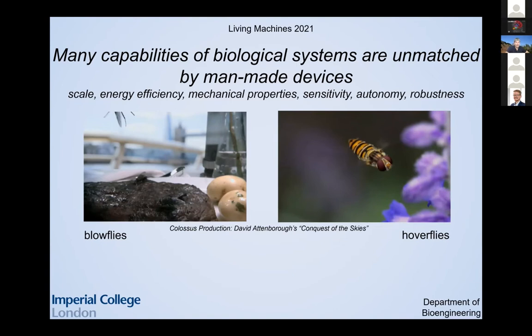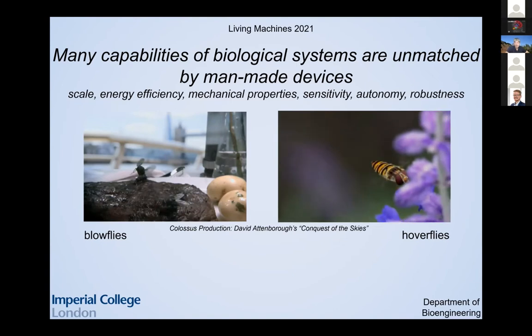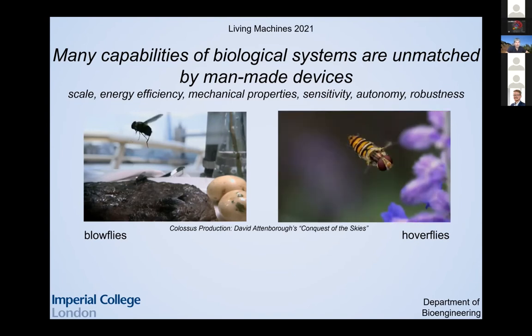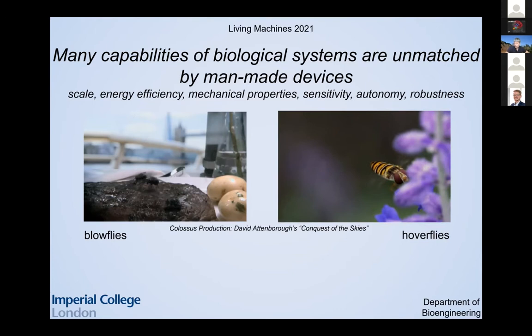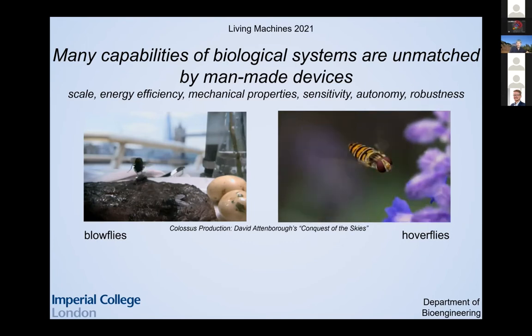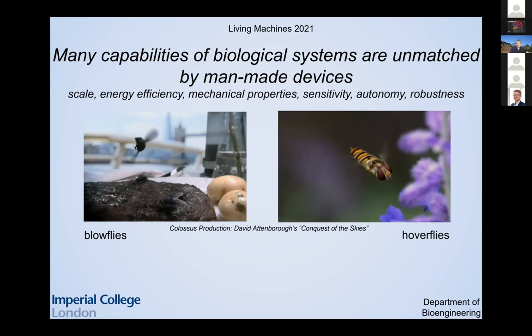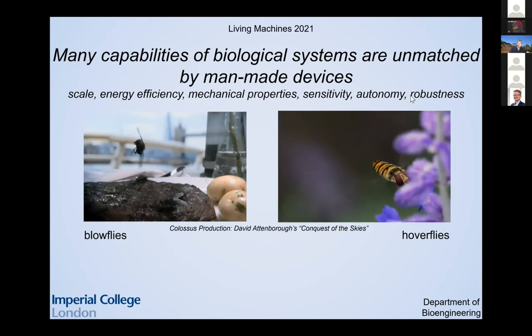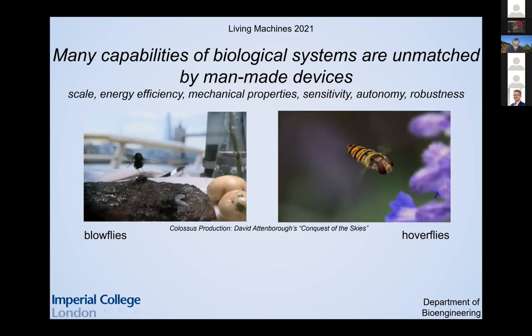This is true in terms of scale: biology produces these things at very, very small scales. We learned about that today already. Energy efficiency is a major point. Mechanical properties are unique in a way. The sensitivity of sensors is amazing. Obviously, the whole systems are totally autonomous and robust, as Tony mentioned earlier.